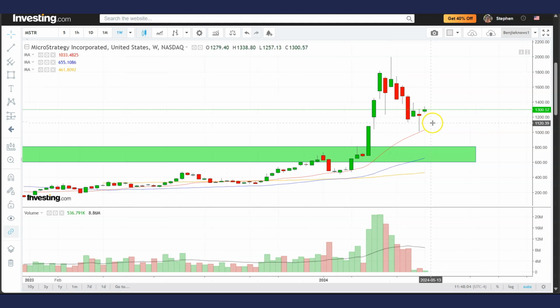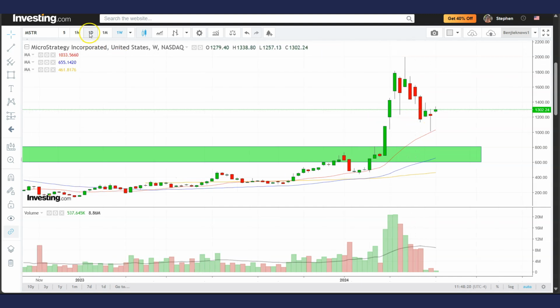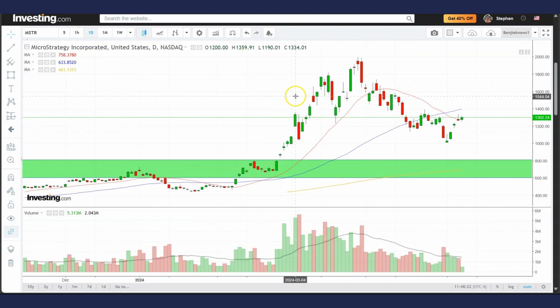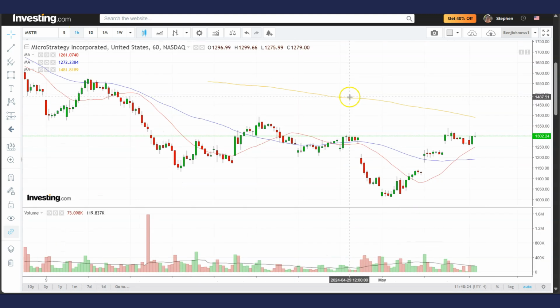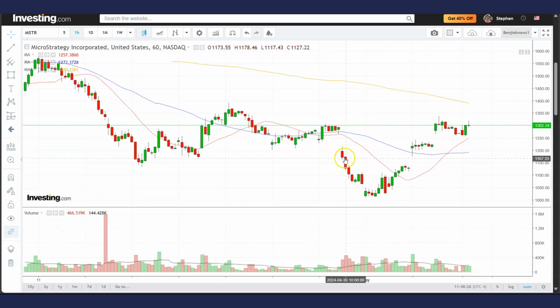So if you look at this weekly chart, this bottoming tail looks like it formed just now, but it has a small wick up here. What it tells us is price is rejecting to go lower. Now there is a reason for this, but I'll show you later. If you go to the daily chart, 60-minute chart, you can see there was a sell-off.